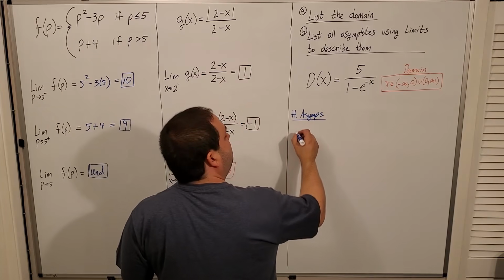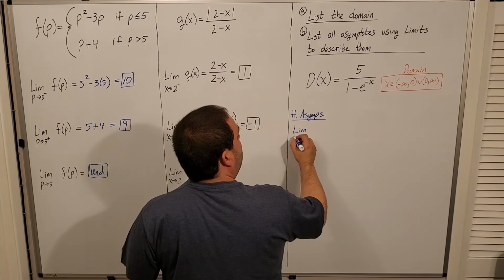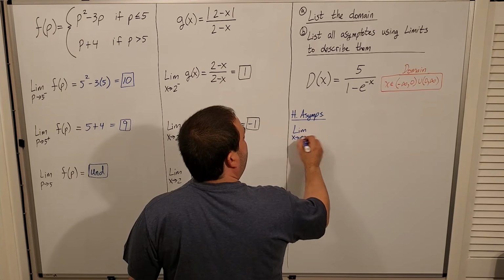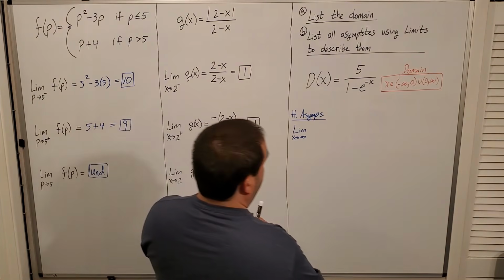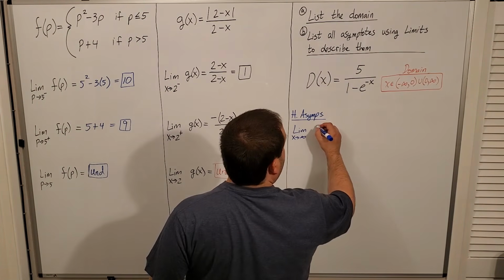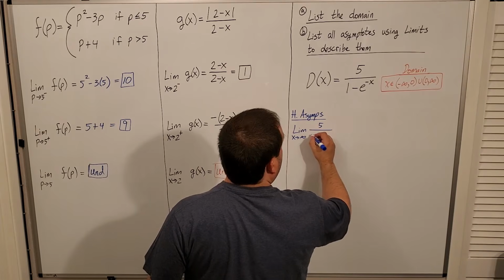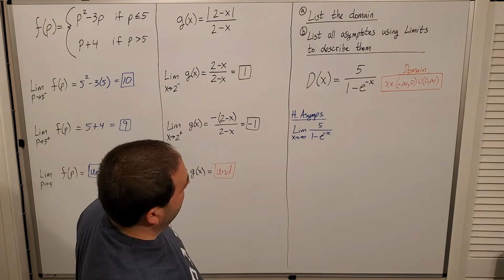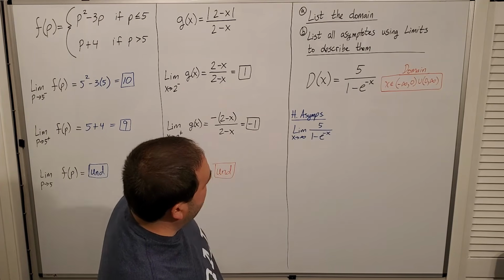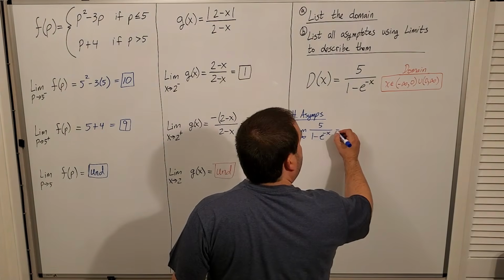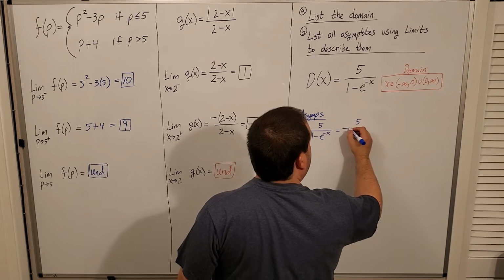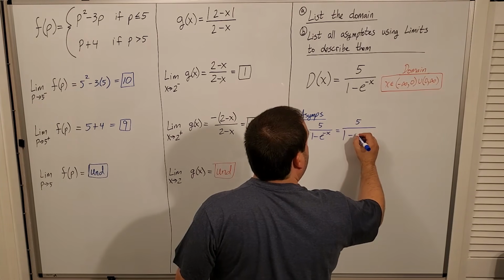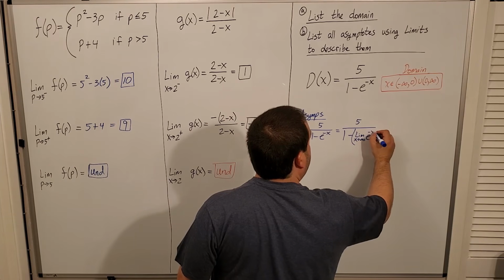The horizontal asymptote is going to be the limit as x goes to infinity of 5 over 1 minus e to the negative x. In this case, all I'm interested in is the exponential, because that's a pretty straightforward limit: the limit as x goes to infinity of e to the negative x.